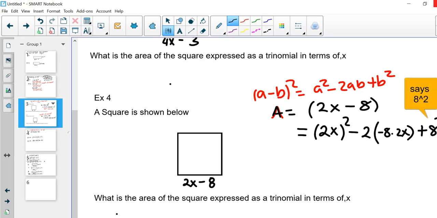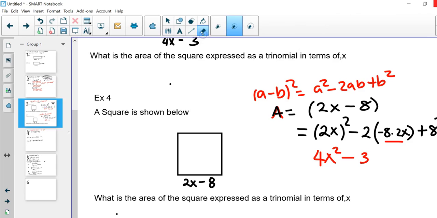So it will end up being (2x) squared is going to be 4x squared, because 2 squared is 4. Then minus 8 times 2x, which is 16x.